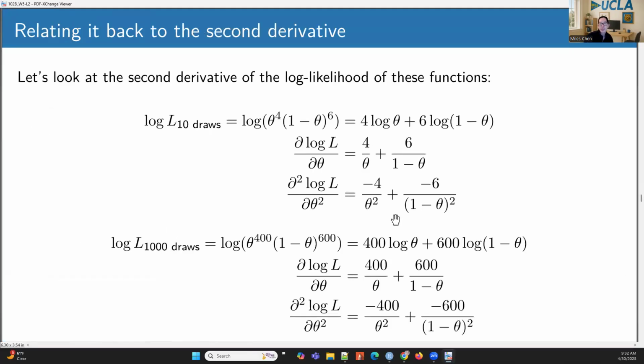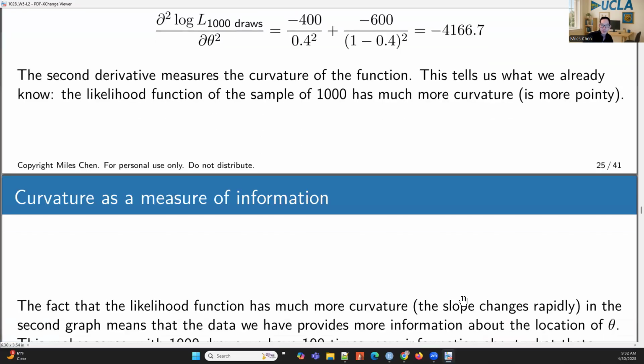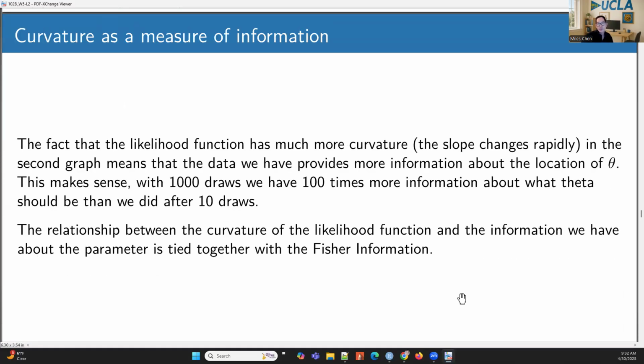So we can think of that curvature, basically how pointy that graph is. We have less curvature there. The fact that the likelihood function has much more curvature, meaning the slope changes rapidly, tells us that we have a lot more information regarding where that value of theta is.